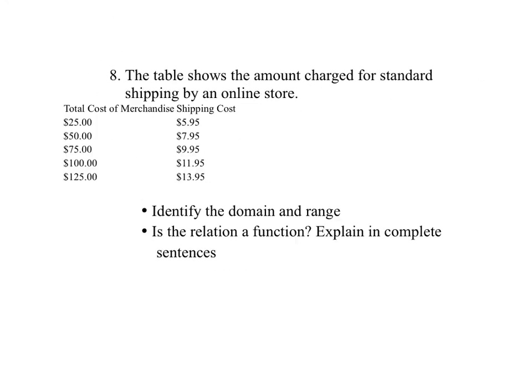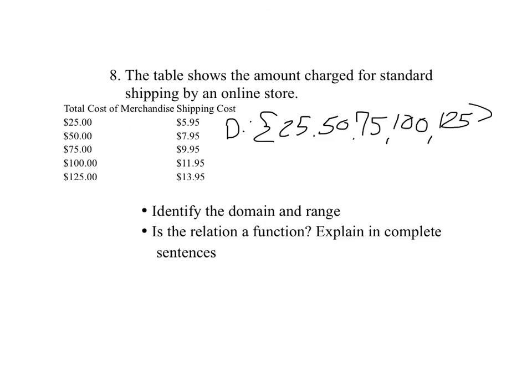Last problem, if I can find it. Same sort of thing, we're going to identify our domain and our range. Our domain is going to be 25, 50, 75, 100, and 125.